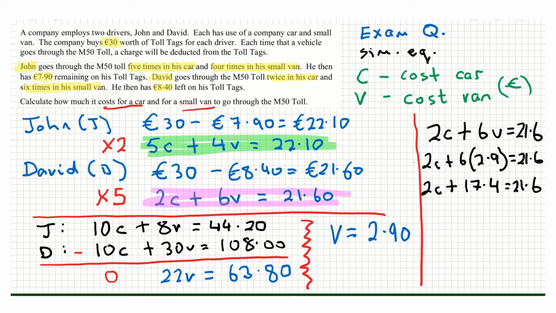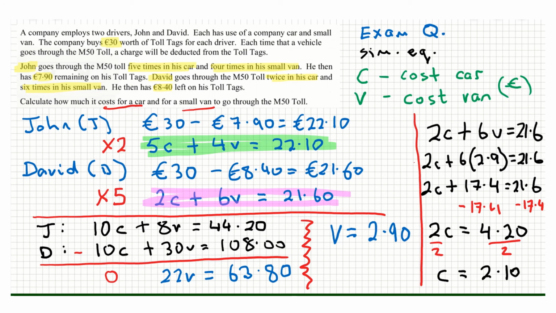Going to take away 17.4 on both sides here to tell us 2 times the car costs 4.20, and we'll divide by 2 here on both sides to find that the car costs 2.10.